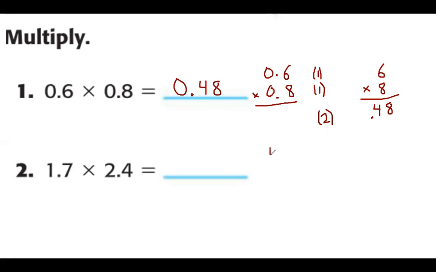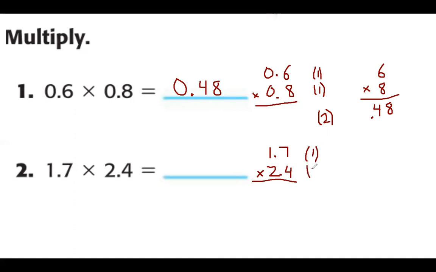Okay, next problem. I want to write it vertically again so I can look at it a little bit better and solve it. So I've got 1 7/10 times 2 4/10. Again, the first thing I do is I count how many numbers are behind the decimal. In 1 7/10, I have one number behind my decimal.